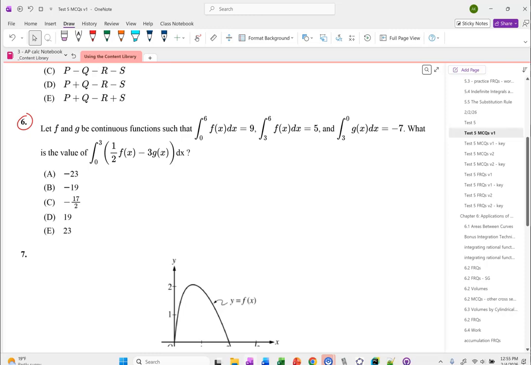Who sees that? Yes, B is correct. So to elaborate a little bit on what we did, we know the integral from 0 to 6 of f is equal to the integral from 0 to 3 of f plus the integral from 3 to 6 of f.